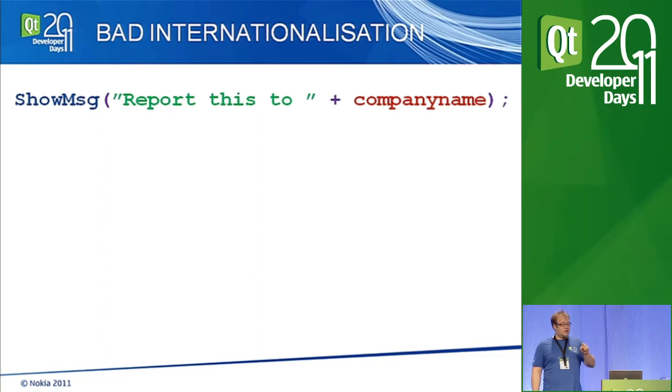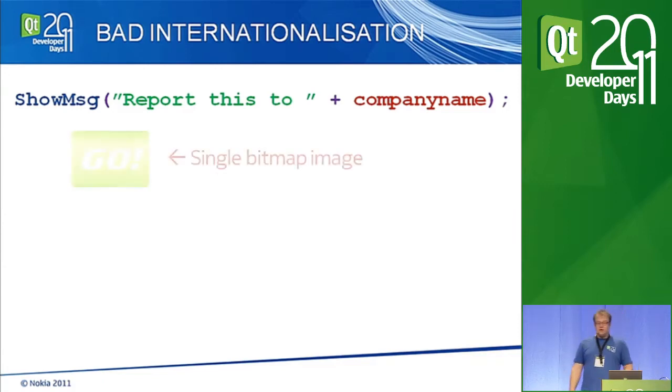Then this is almost okay for the localizer to do something with. Of course, if it comes with a comment as well, then it will be easier still to put that "report this to" part okay, like I explained in the Finnish example.